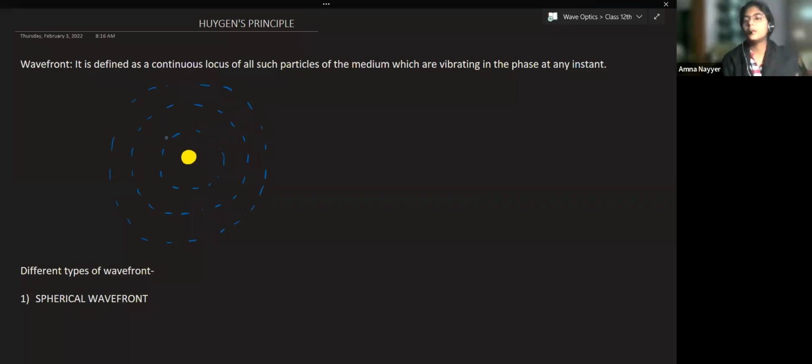Wavefront is similar to this. It's very easy to understand if you relate it to this. This becomes the source, the source that is generating the disturbance. Like when you threw the pebble, that made all the ripples. Similarly, this yellow stone part represents the source of disturbance.